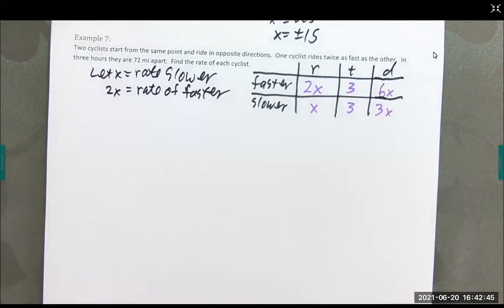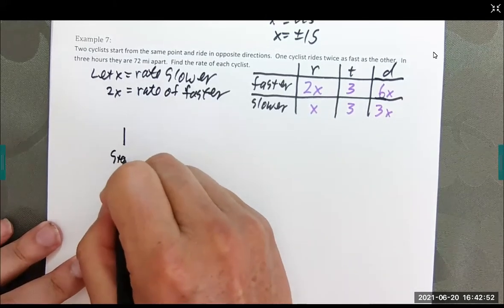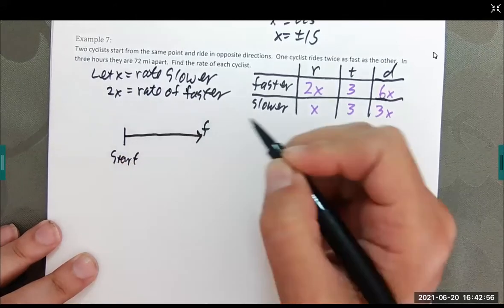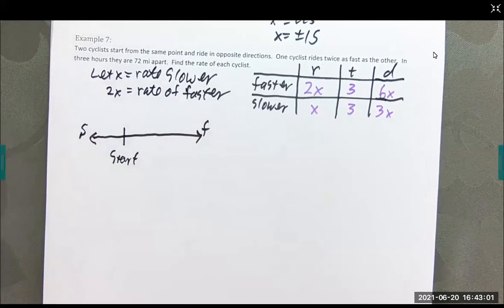And I want to draw a picture so we get kind of an idea of what's going on here. So they start here. We'll call this one faster. This one slower. And in 3 hours, they are 72 miles apart.